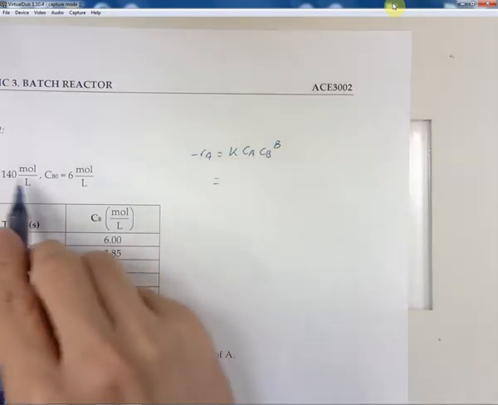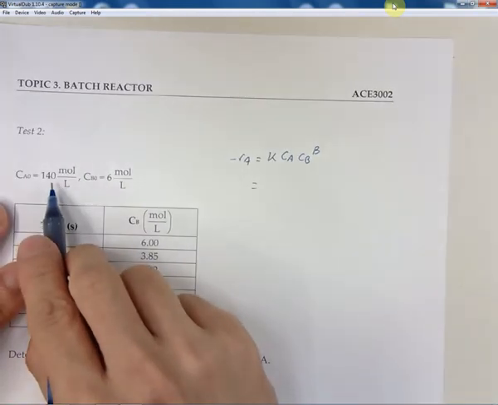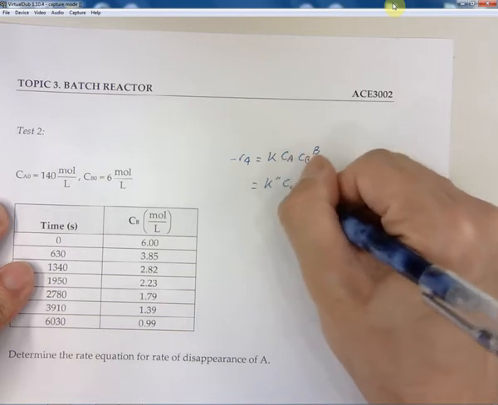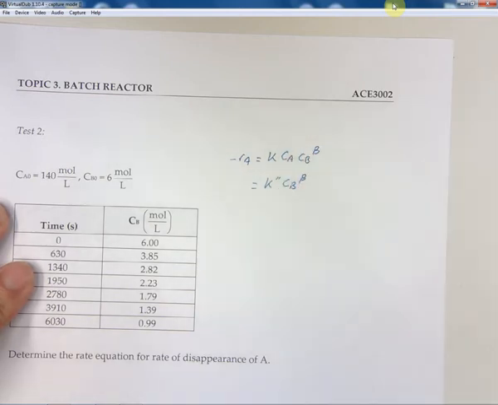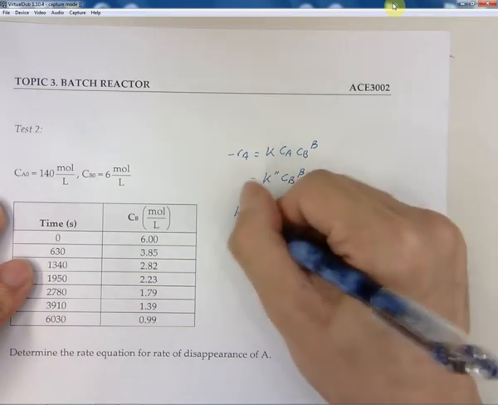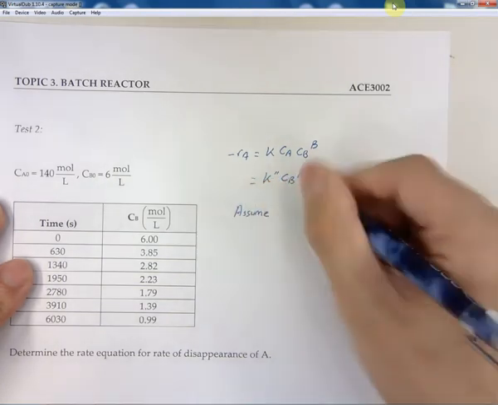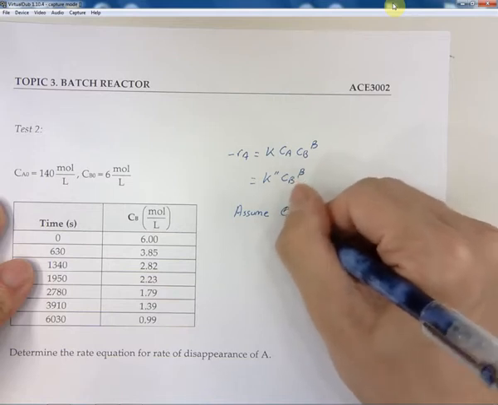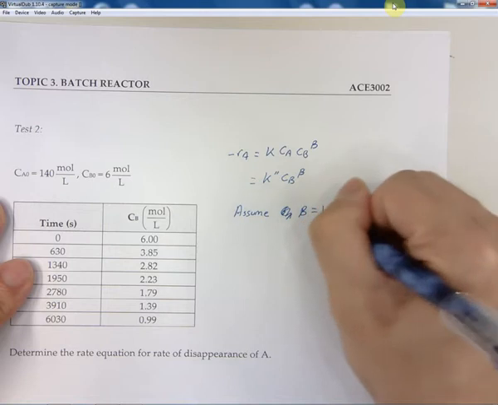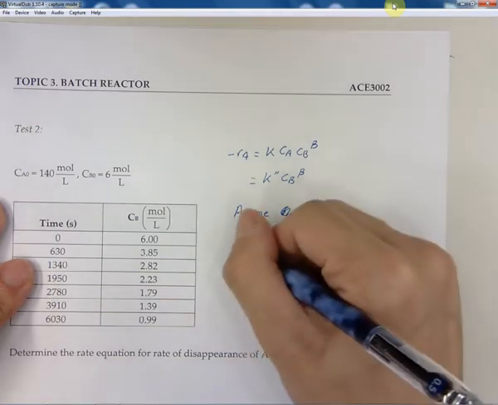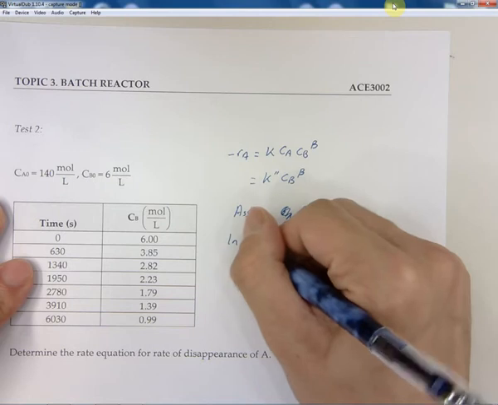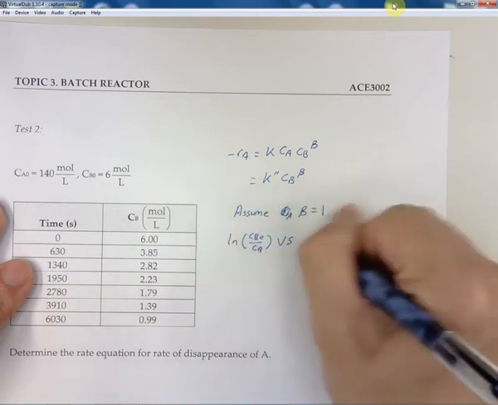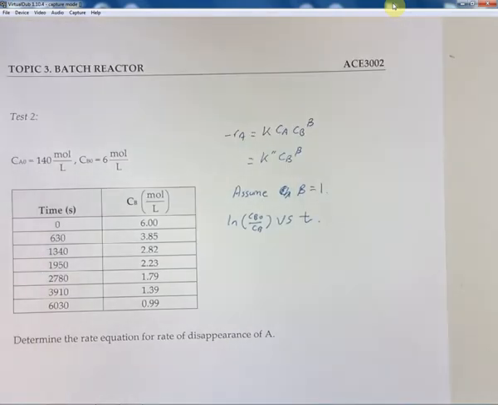Because again Ca naught is greatly in excess, Ca is a constant, so we group them together as k double prime, Cb to the beta. Similarly, we assume that beta is 1, a first order reaction. So similarly we have to plot ln Cb naught over Cb versus time t.